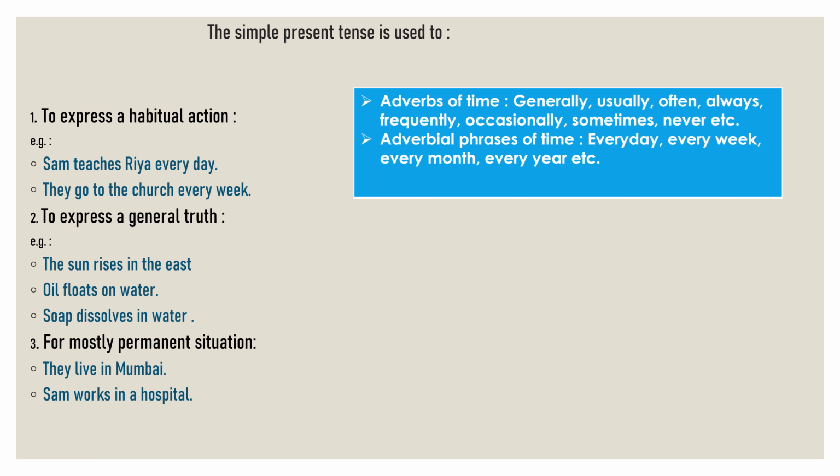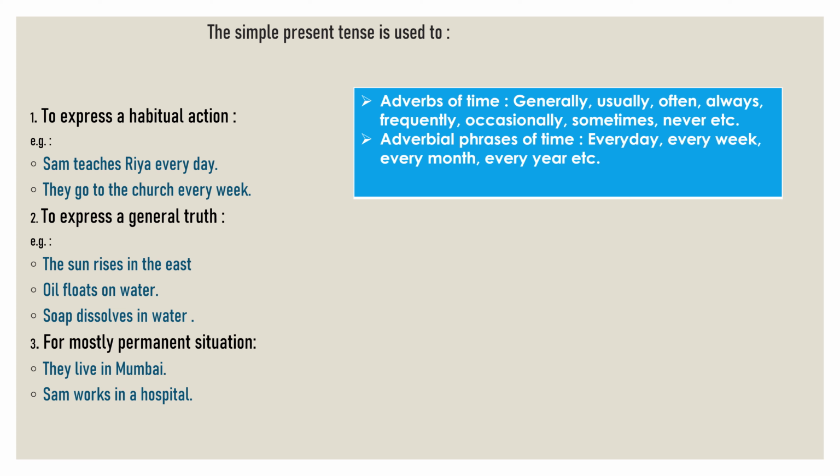In this sentence, Sam is the subject and teaches is the verb. As Sam is a singular subject, we add es with the base form of the verb teach. They go to the church every week, which means they have the habit of going to the church every week. Here, they is the subject.